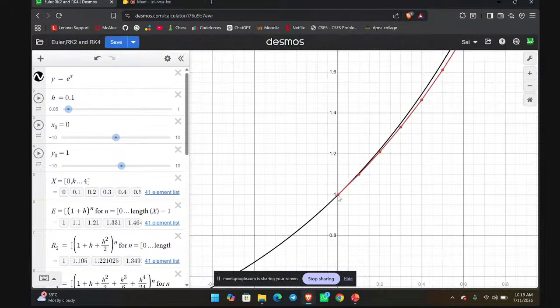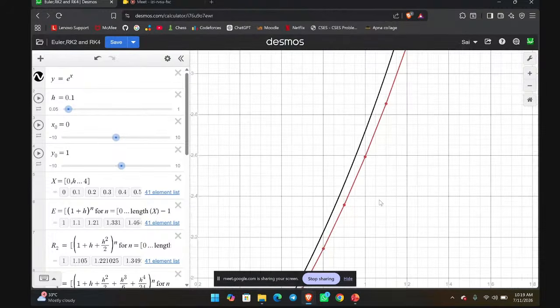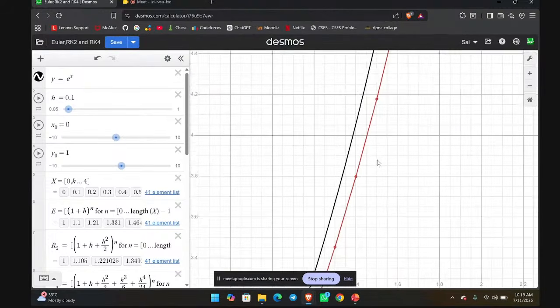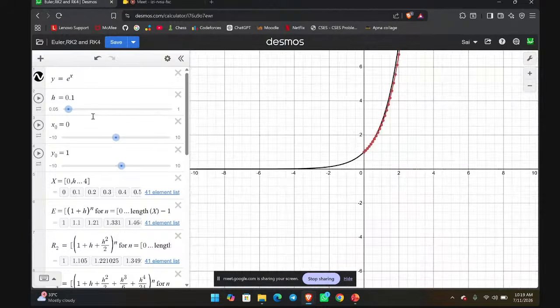At first it starts out on the curve and it keeps diverging from the curve. If you increase the number of iterations, the error goes up to a very high amount.